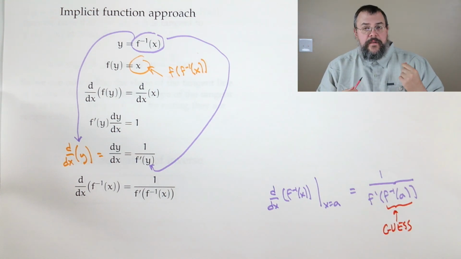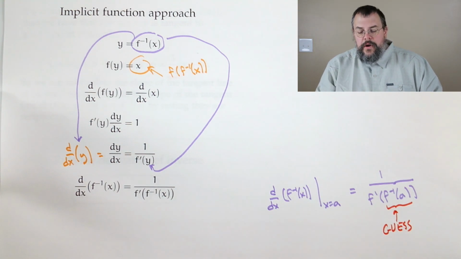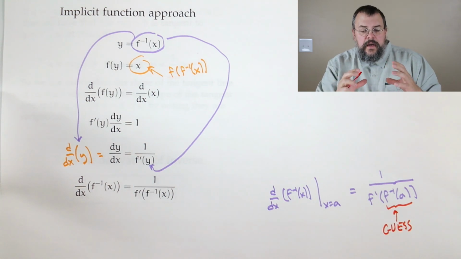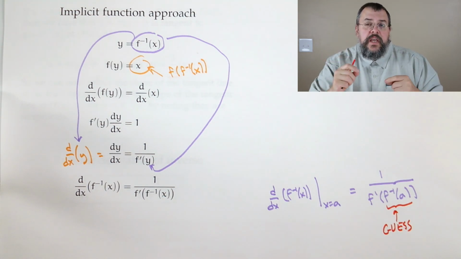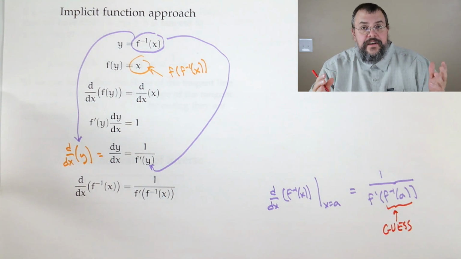If we're after the derivative at a particular point, we just need to figure out what value produces the right output. So look at the function f and ask, what do I need to plug into my function so that the output equals a? If I can answer that question, that's what f inverse of a is.